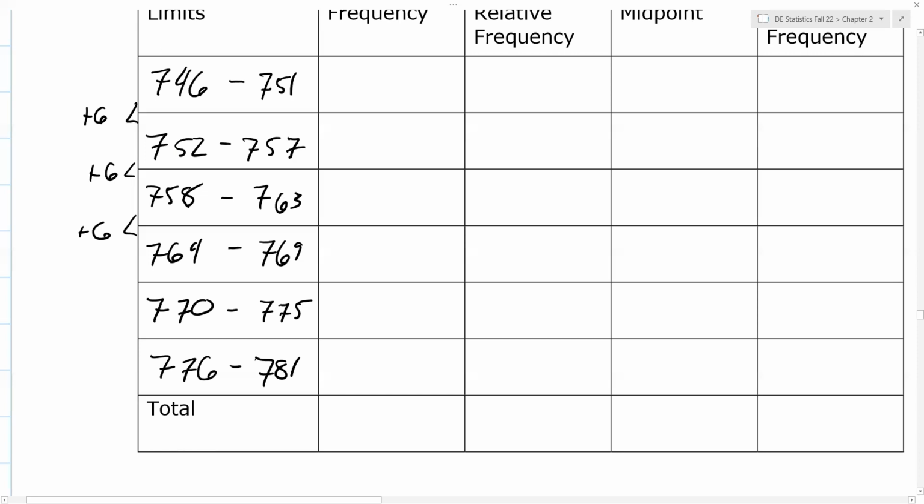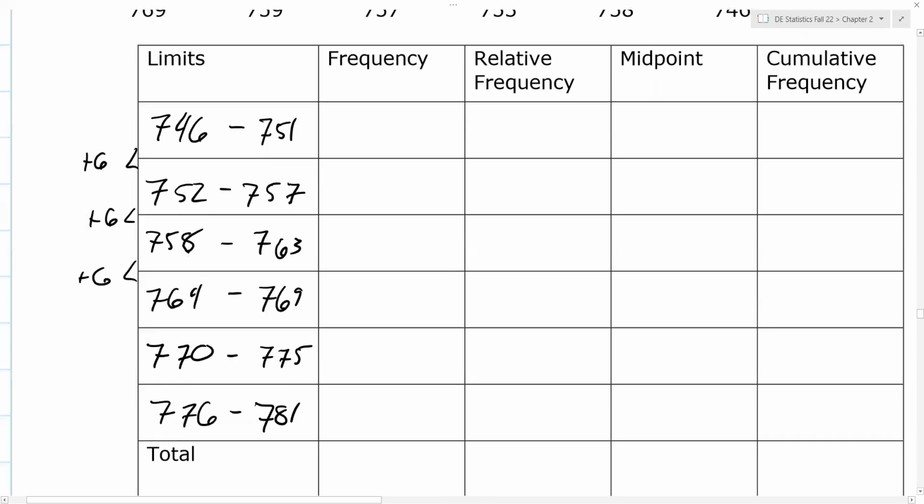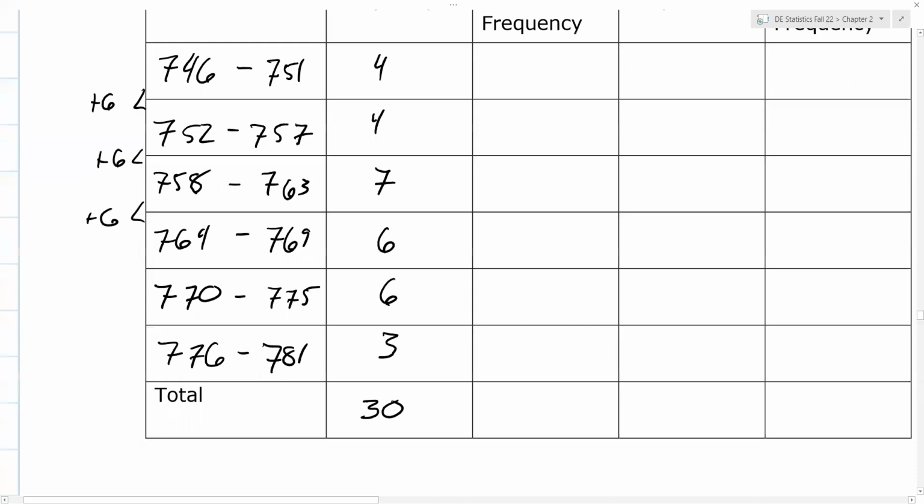All right, so I have my limits. Now for my frequencies, we go through, we count to see how many of those scores fit into each of our classes. And we end up with 4, 4, 7, 6, 6, and 3. And that is a total of 30 different values.